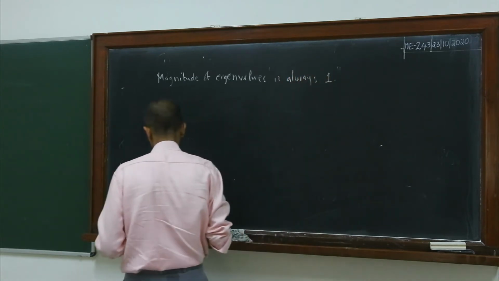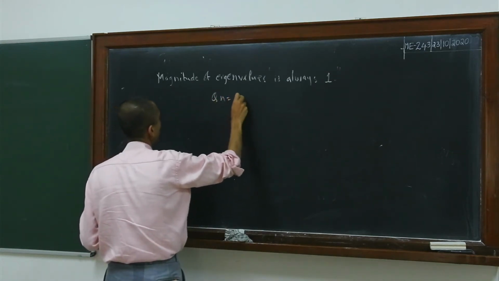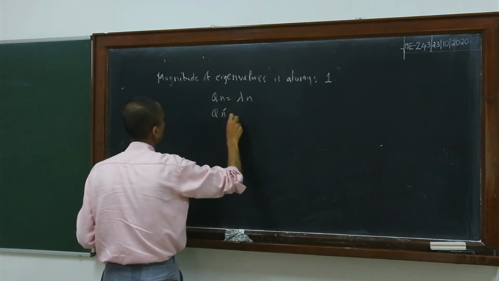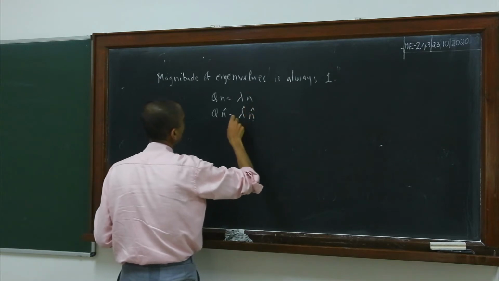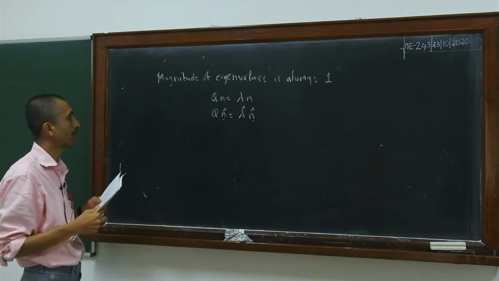So you can write, see, Qn you can write as lambda n, and then Qn hat you can write as lambda hat n hat. So this hat will denote the complex conjugate of that.